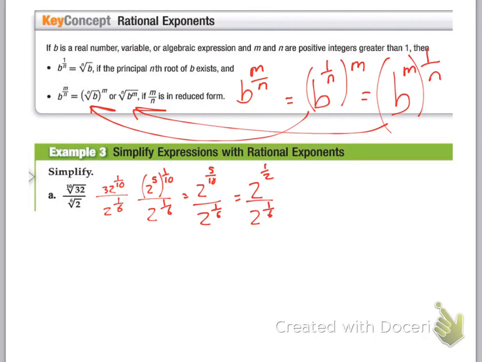Hopefully there's not too many questions on that. But now we have two bases that are being divided. We can subtract our exponents, which means it's 2 to the 1/2 minus 1/6. And to make this happen, you need to have a common denominator, which means multiply the top and bottom of the first fraction by 3.